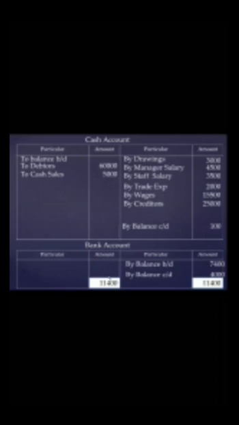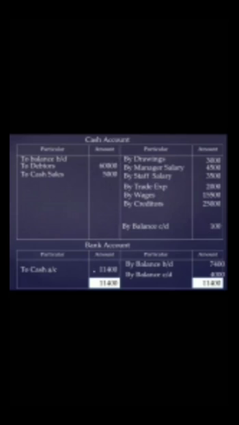11,400 is the difference. Whatever difference comes in the bank account is to be made a contra entry. Whenever you close the bank account, a contra entry is to be made. In the debit side of the bank account, you write 11,400 as 'To cash'.